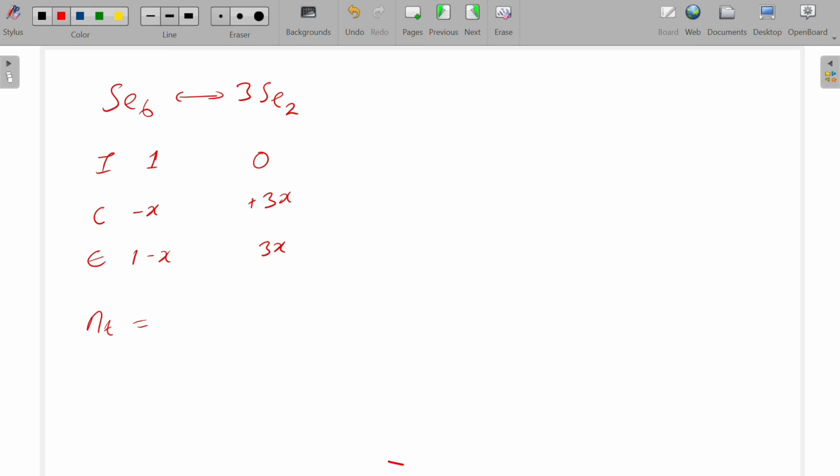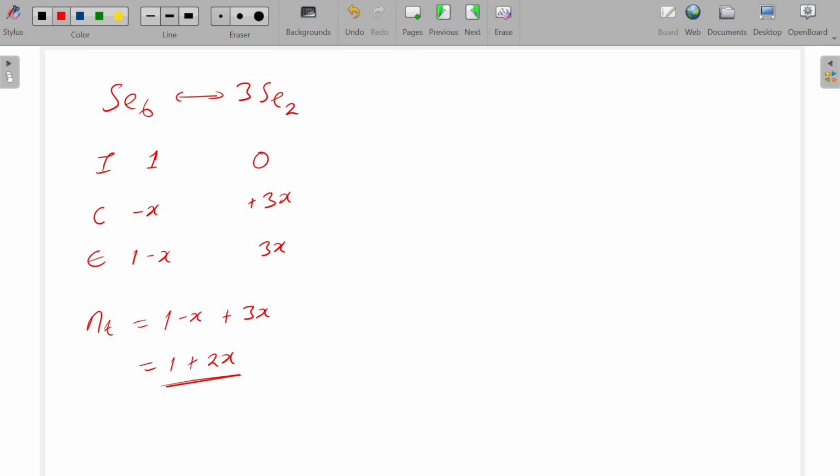So NT will be equal to the sum of moles at equilibrium, where we have 1 minus x added to 3x. When you do the mathematics, minus x plus 3x will give us 2x. So 1 plus 2x is our total number of moles at equilibrium.